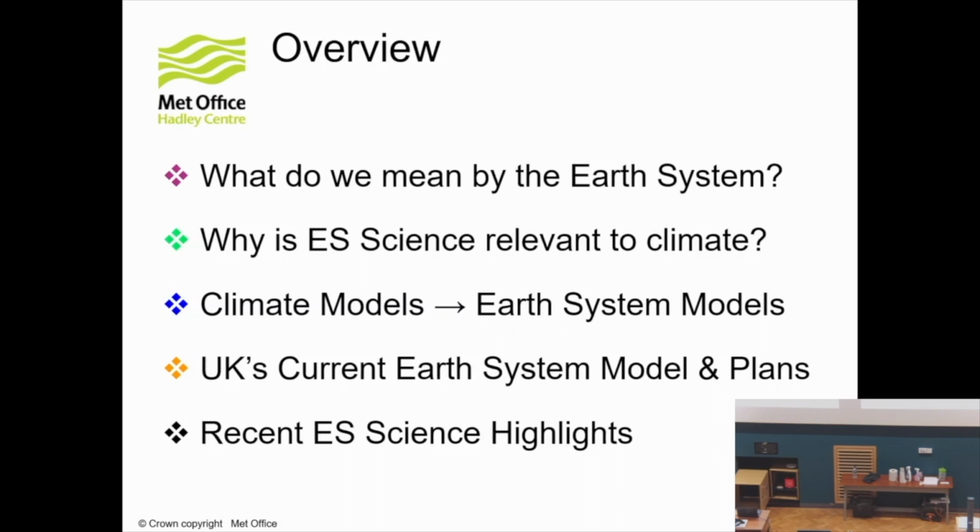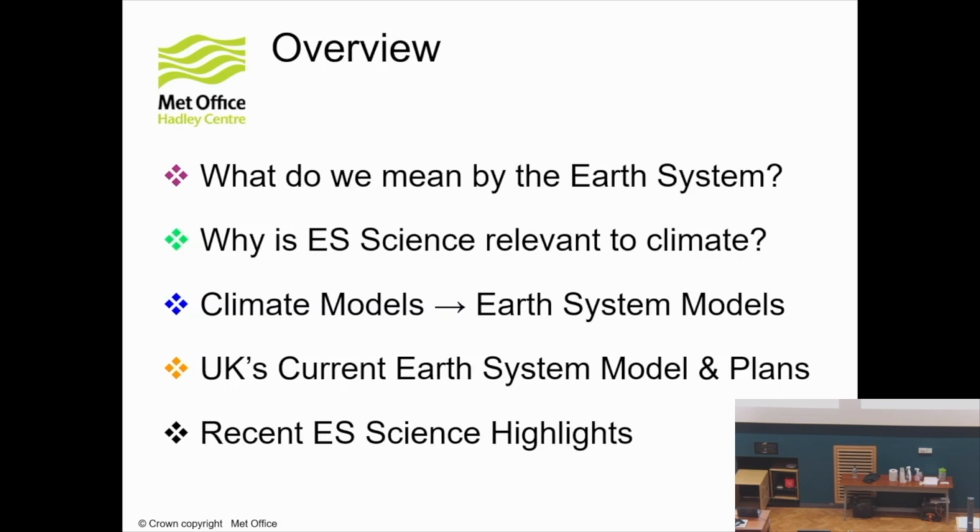And I have one slide in there that explains the kind of hierarchy of models that exist when we're looking at atmospheric composition. So it's really just to give you a feel of the different complexities of models that address questions of composition and the terminology associated with them. I'll then move on and talk a little bit about the UK's current Earth system model capabilities.